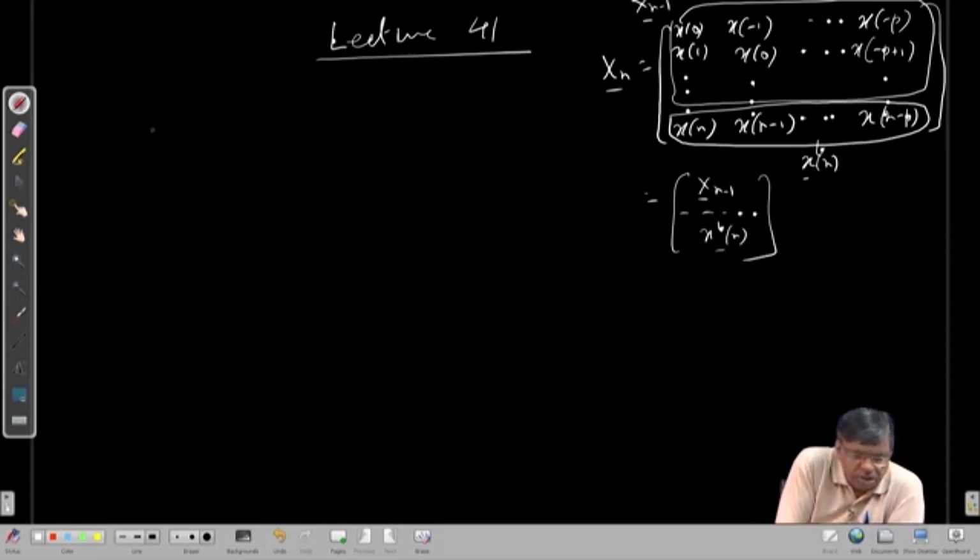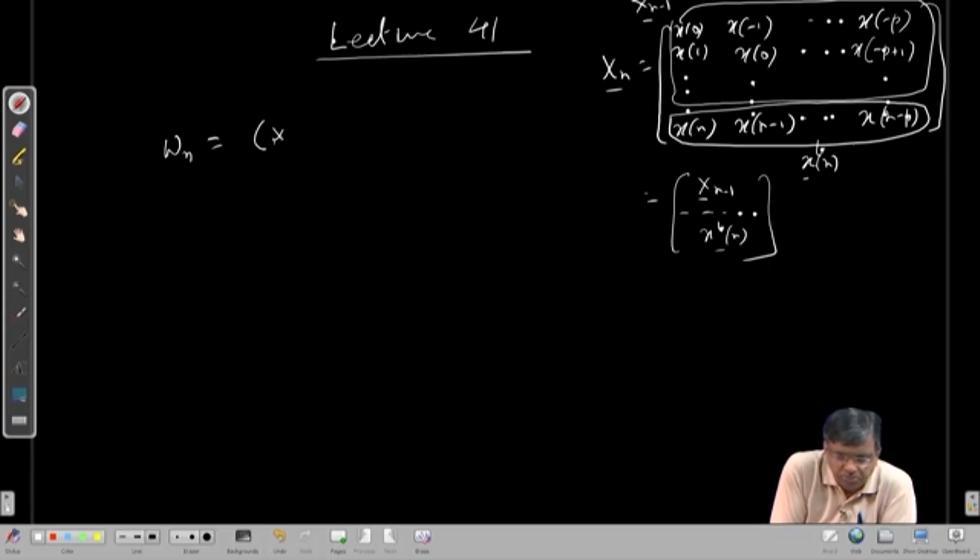And then we found out that the least squares estimate of the filter coefficient vector at nth clock, that is using data from clock index 0 to index n, was x n transpose lambda n x n inverse x n transpose lambda n d n.